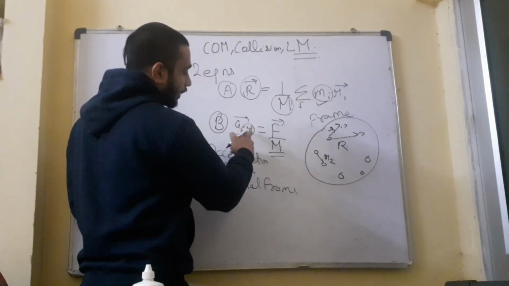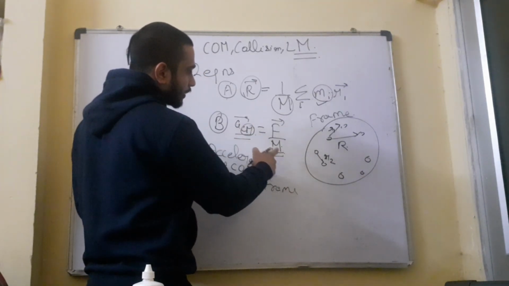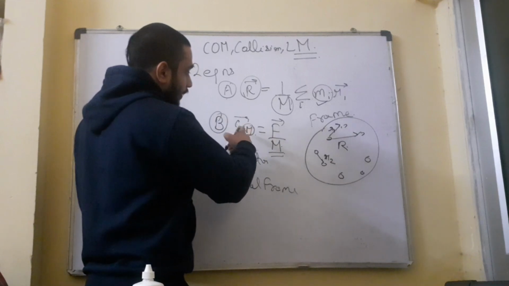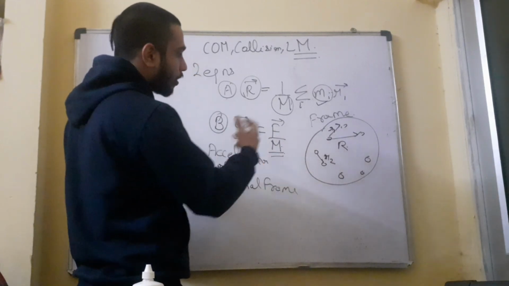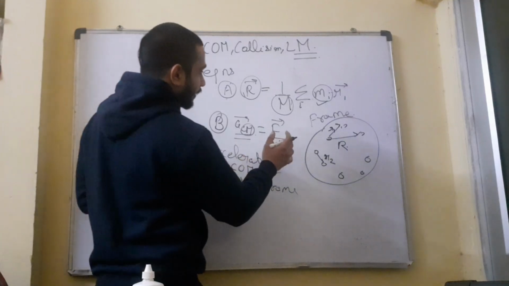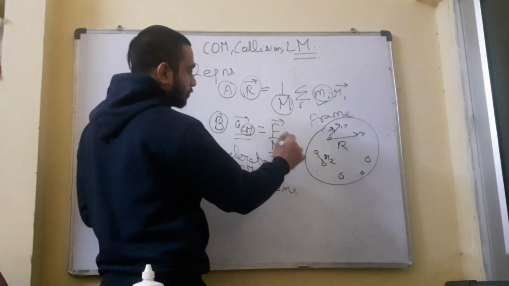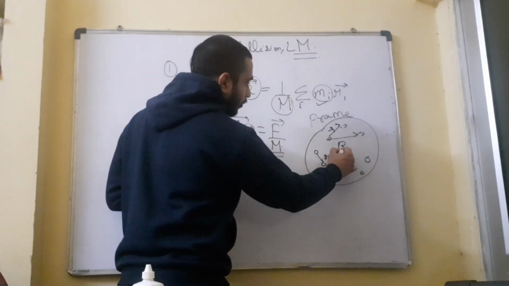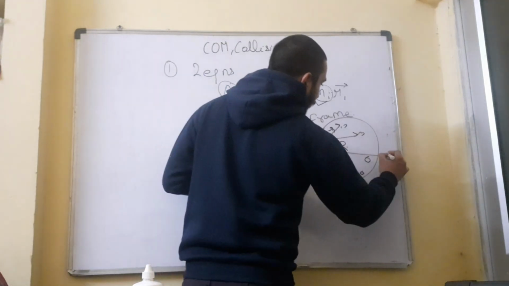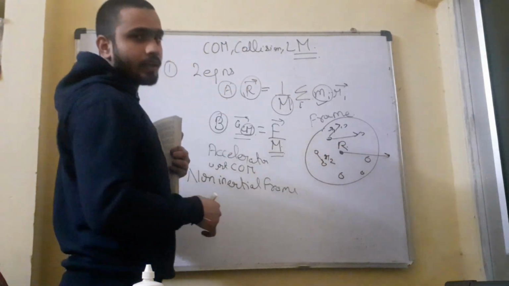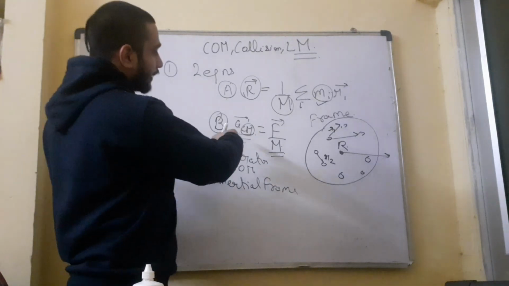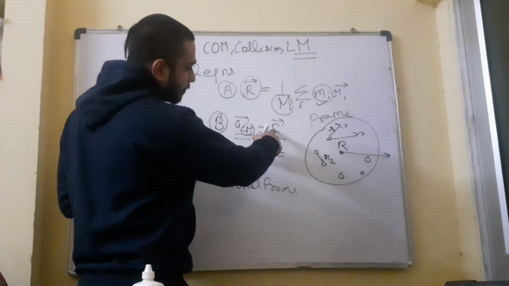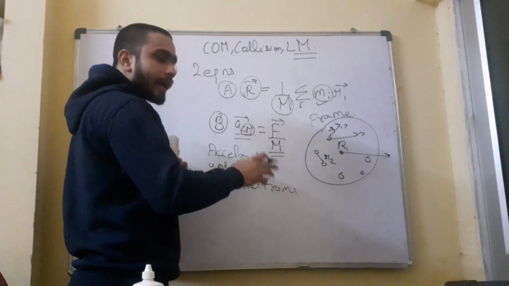So A_CM, the acceleration vector with respect to the center of mass, how will we write it? We will see the system from outside. Suppose the center of mass is here in the system. From here we will draw the acceleration vector, and this will be the force vector, the F external.